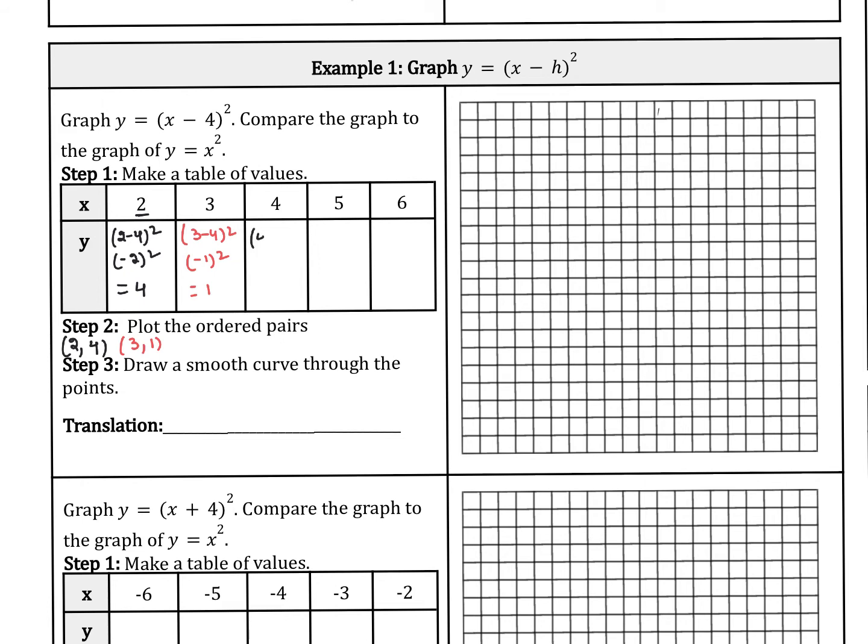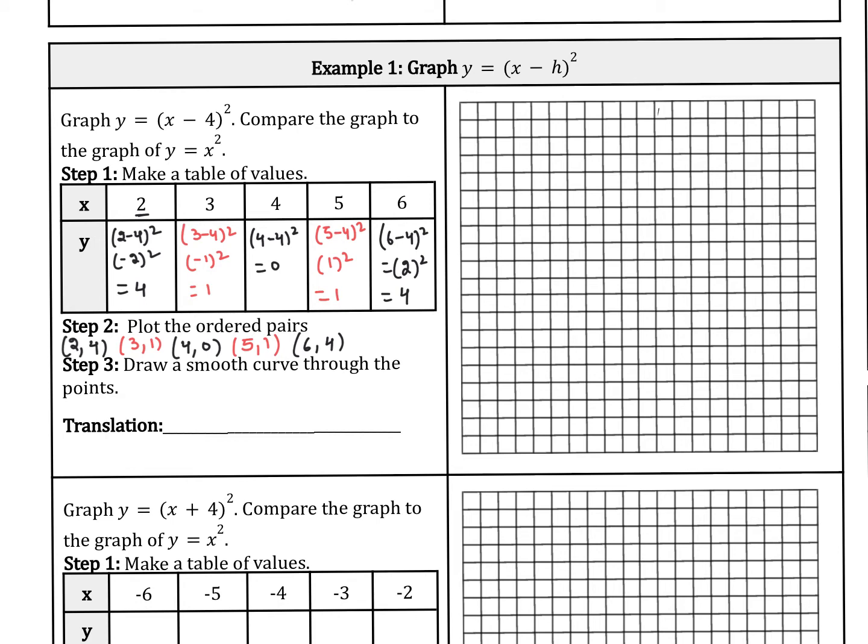Next, I put 4, and 4 minus 4 is 0, so my point is (4, 0). Next, (5 minus 4) squared is 1 squared, which is 1, so (5, 1). Then (6 minus 4) squared is 2 squared, which is 4, and my next point is (6, 4).